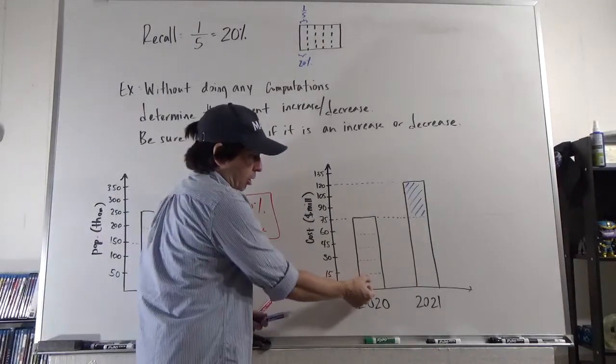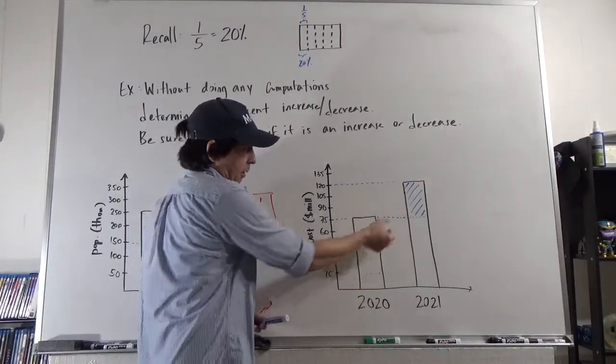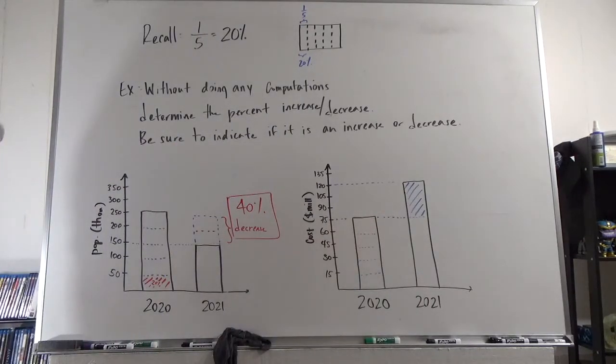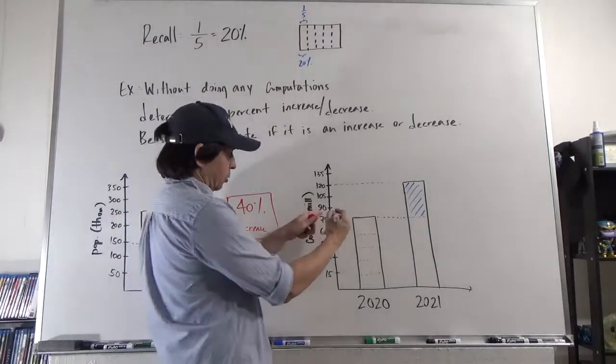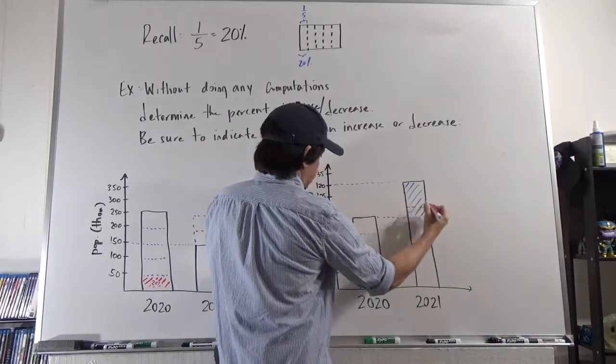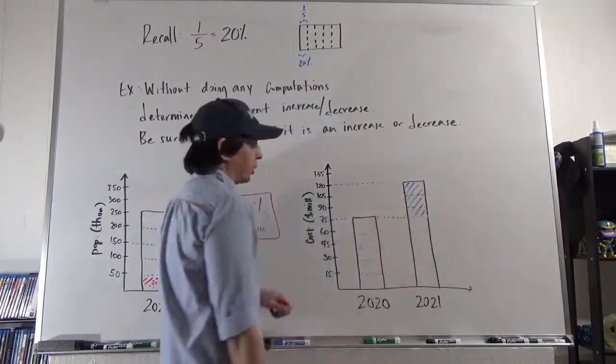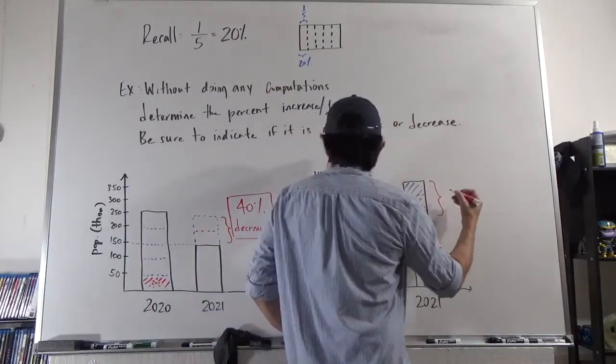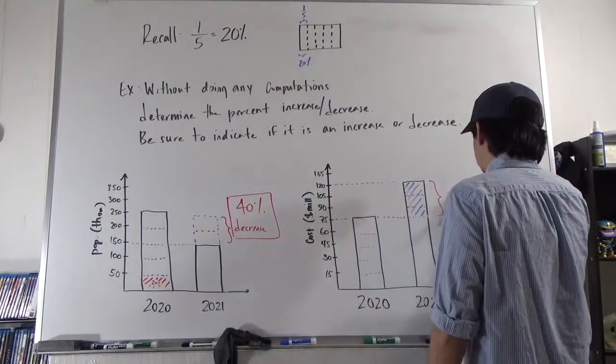We know each of these chunks is 20%, and how many chunks were added on to get to this new cost in 2021? Think about it. I'm going to go over it right now. Okay, so it's 1, 2, and 3. 3 20% chunks. So this is an increase, obviously.